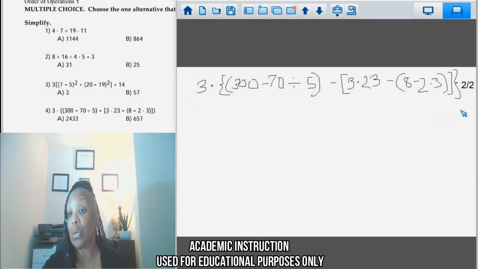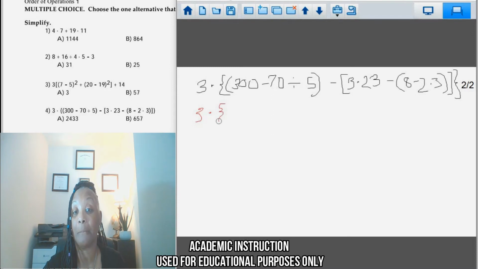It doesn't matter how long this problem is, you're going to apply the order of operations by first doing what's inside of your parentheses. But you also must know that division comes before subtraction. So we're going to do our division first. So let's do that. We can bring down our other steps as we begin to simplify.